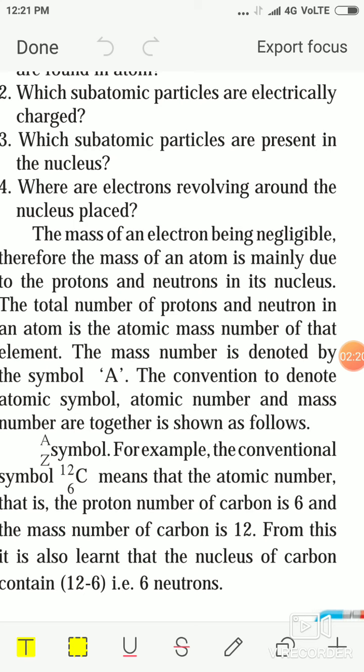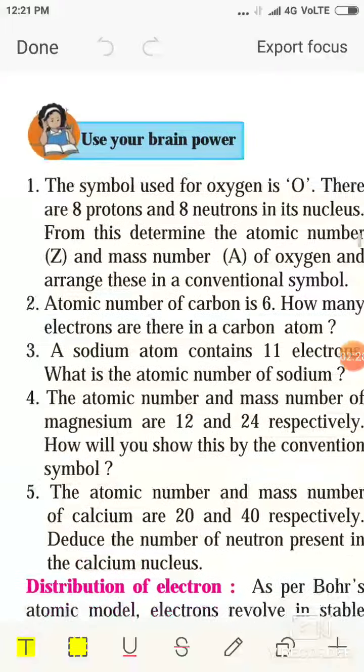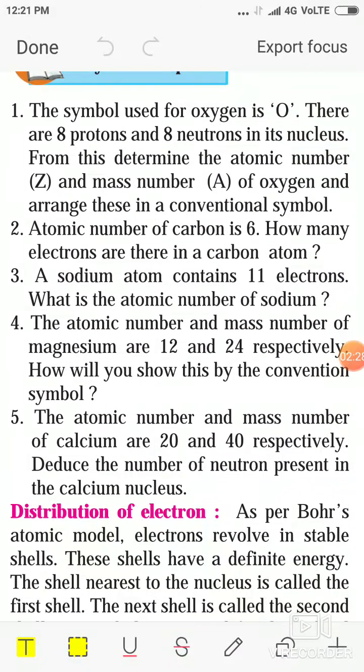Now one more example is given here, of oxygen. The symbol used for oxygen is O. There are 8 protons and 8 neutrons in its nucleus. From this we can determine the atomic mass number and atomic number. The atomic number of carbon is 6, so here it is 8.